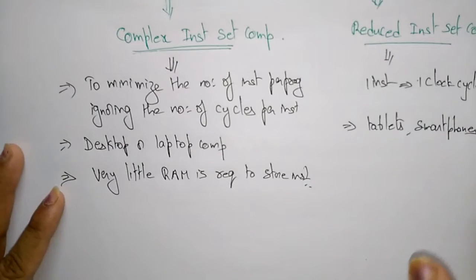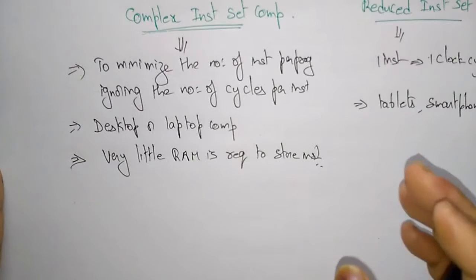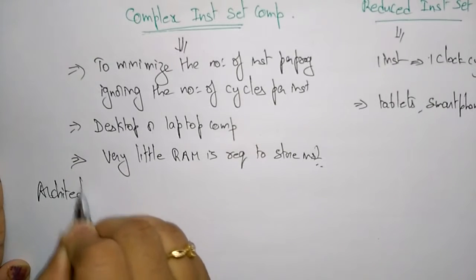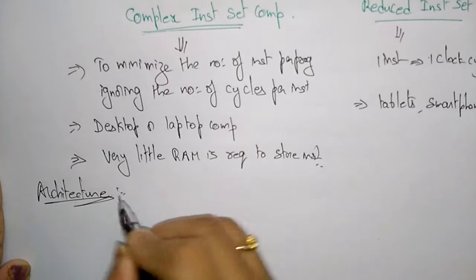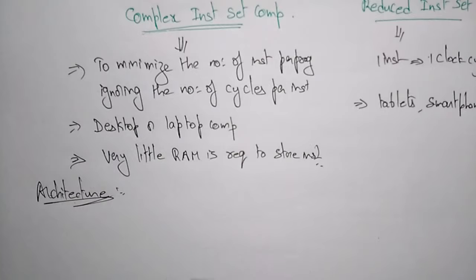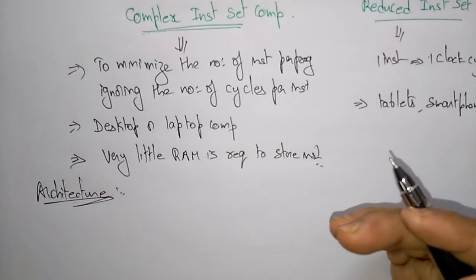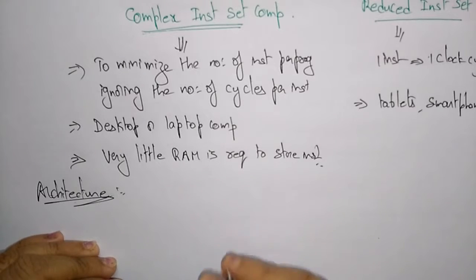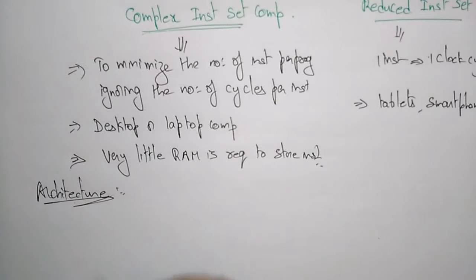Okay, so let us see the architecture of the CISC processor. It is designed to decrease the memory cost, because more storage is needed for large programs, resulting in higher memory cost. To resolve this, the number of instructions per program can be reduced by embedding a number of operations in a single instruction.